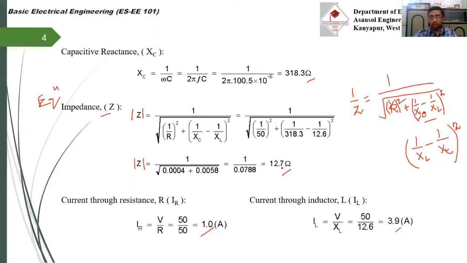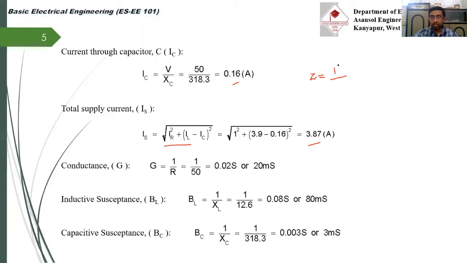What is the value? 12.7 ohm, and the V value you already know, that is 50 volt. So you can calculate like this also, IS equals V by Z. Both are equally correct and you will get the same value here.